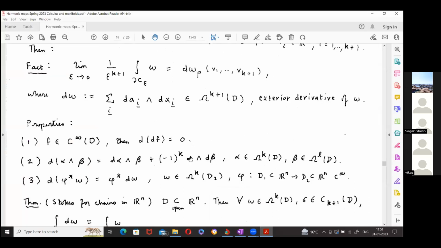Okay, so I'm just going to state some other properties of the exterior derivative. It satisfies a sort of Leibniz rule: d of a wedge product alpha wedge beta is d alpha wedge beta plus minus 1 to the k alpha wedge d beta, if alpha is a k form and beta is an l form.